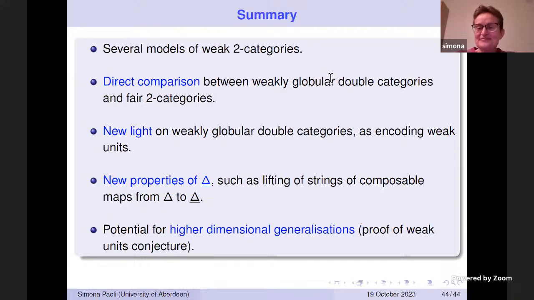Thanks for the talk, Simona. I wanted to try to clarify some context for myself and others here, because I'm only a little bit on top of the recent story with N categories. I'm aware there's this notion of associative N categories due to Christoph Dorn, which wants to be a notion of weak N category with strict associativity, strict units, and the weakness is all baked into the interchange.